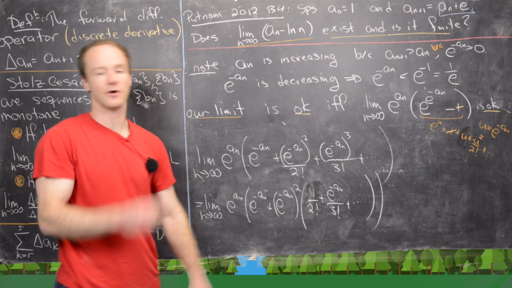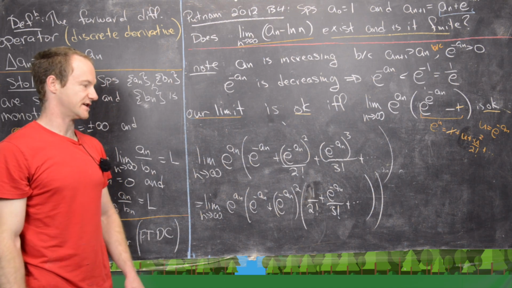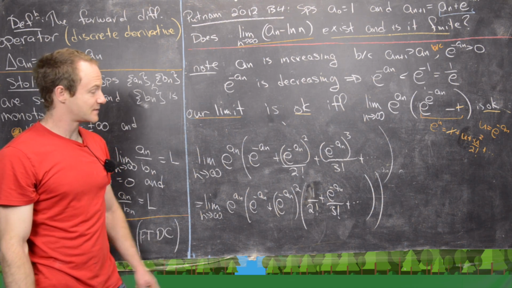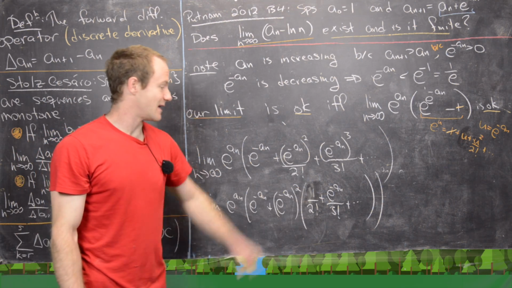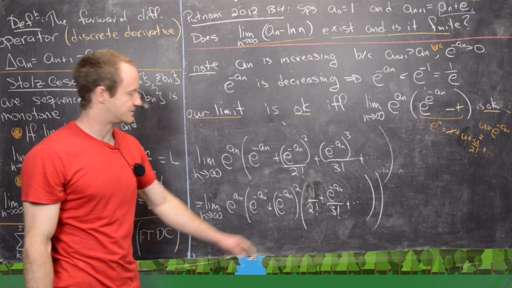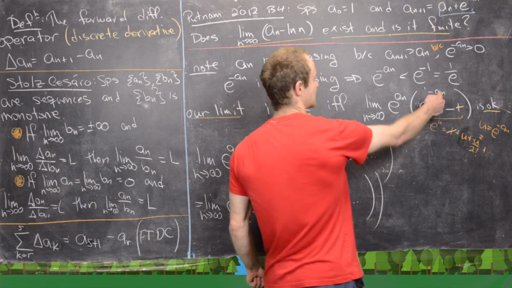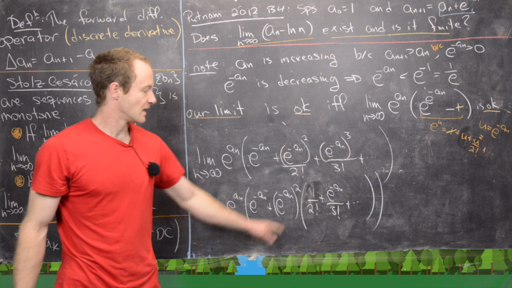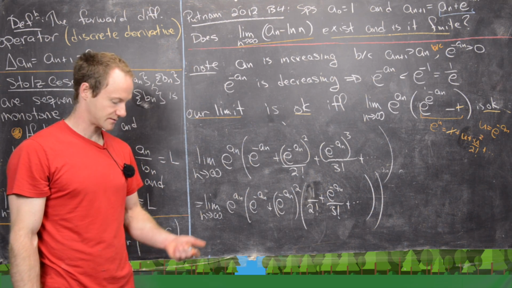But the next thing to notice is that this looks a lot like our original series, except we have rescaled all of the terms, which is going to make it smaller than our original series, because our original series, in other words, the expansion of e to the minus a_n, has bigger coefficients for all of the e to the minus a_n terms.